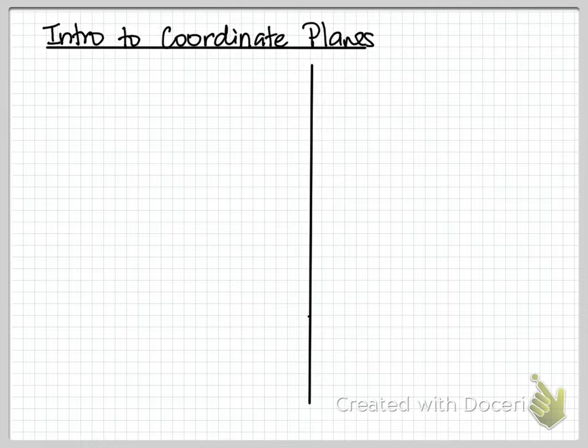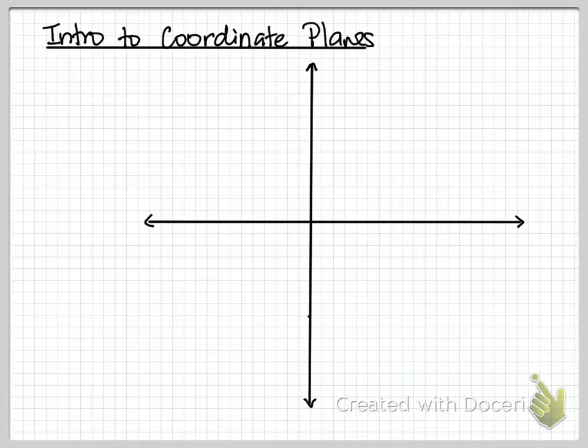So here we have one line going up and down, and we'll have another line going across, like that. You'll probably also see little arrows on each of the ends of the lines, and that basically just means that these lines could go on forever and ever and ever.